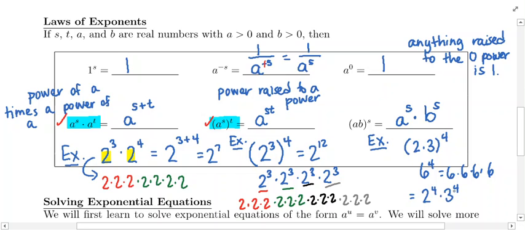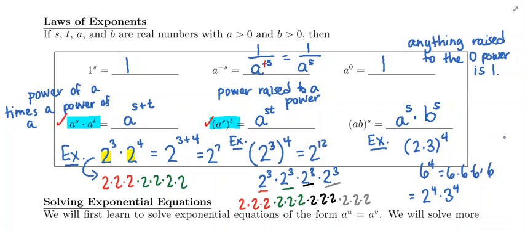Like I said, I wouldn't worry too much about this last law. I would really concentrate on a power of a times a power of a, where you add the exponents, and then a power of a raised to a new power, where you multiply the exponents. Again, these will be very, very handy when we start solving exponential equations here in just a minute.